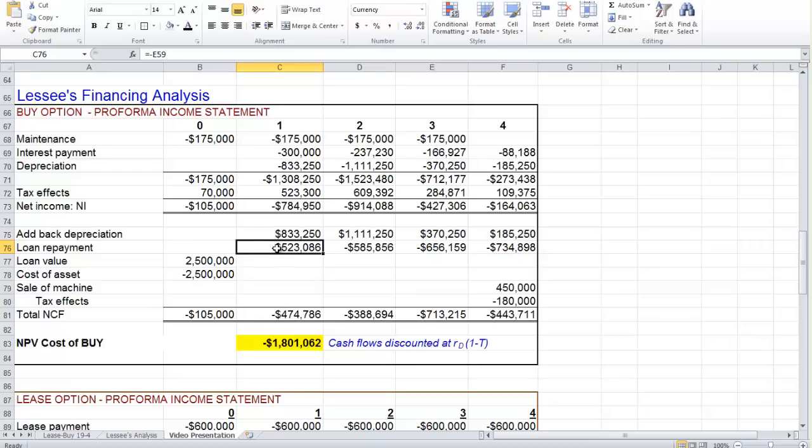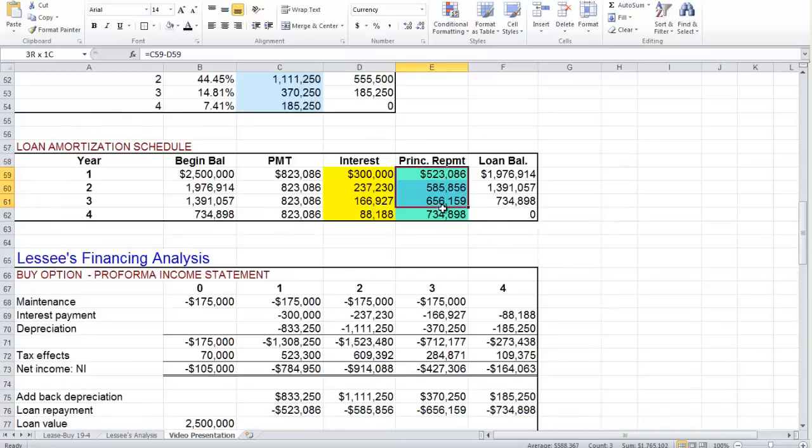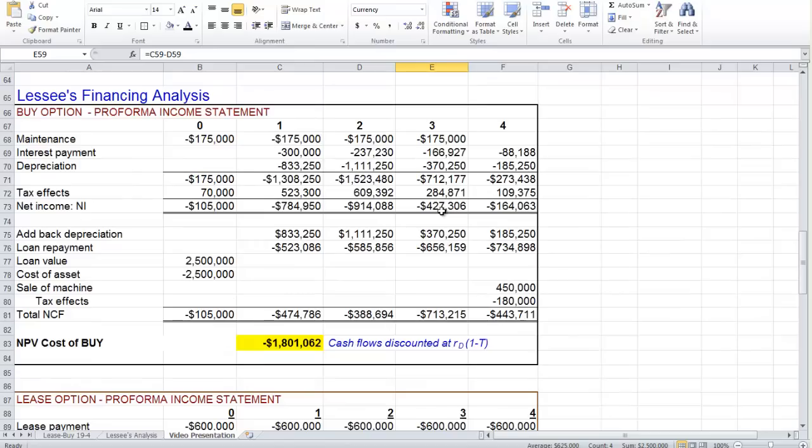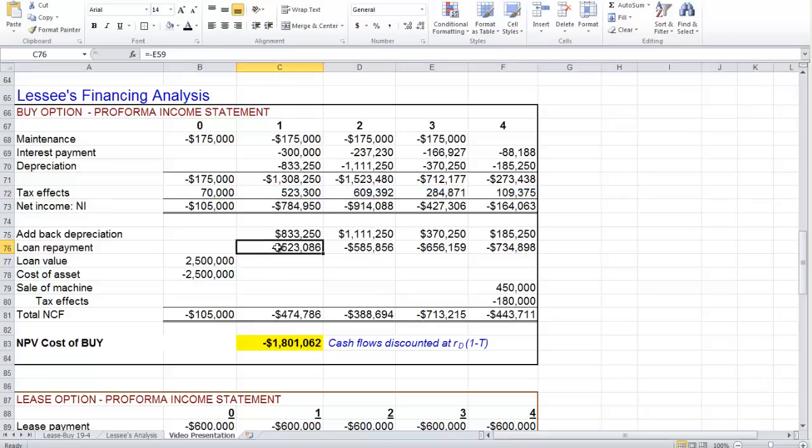Also, make sure you indicate your loan repayments because these cash flows have to be paid back. But we were careful not to include this line prior to determining the tax effect, because loan repayment values are not tax deductible. So we place them after the fact.